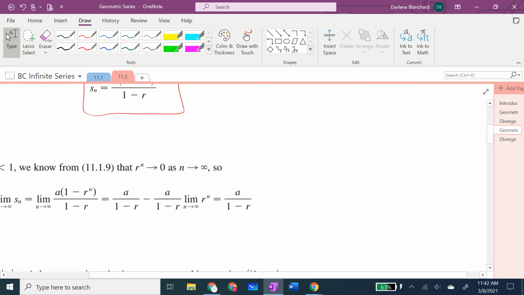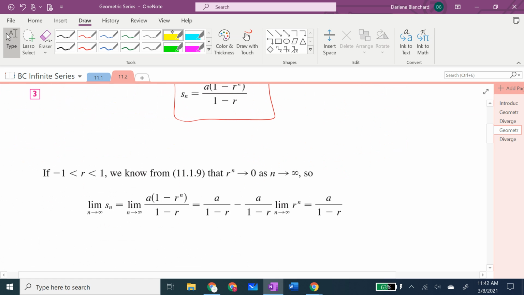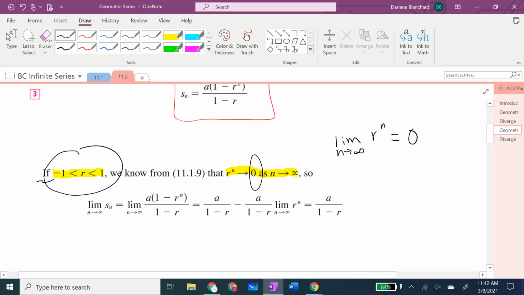And the first thing it's looking at is just this piece right here. What is that if R is between -1 and +1? This right here is saying the limit as n approaches infinity of R to the n is equal to 0 if R is a number between -1 and +1.